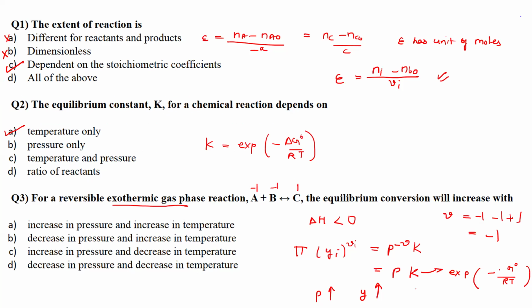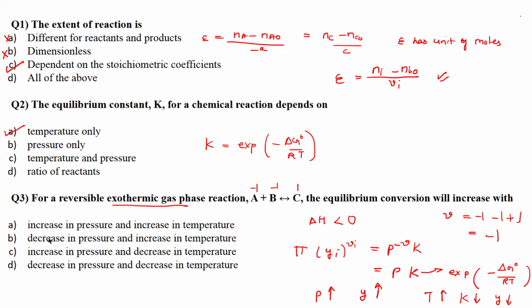So here, if I increase temperature, the K will decrease, and then Y will also decrease. Or the other way, if I decrease the temperature, K will increase and Y will also increase.